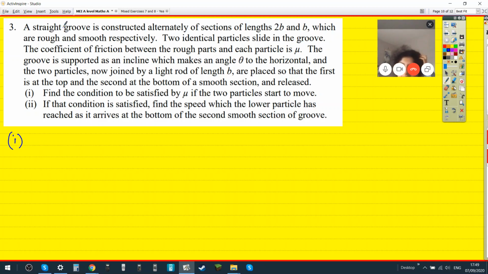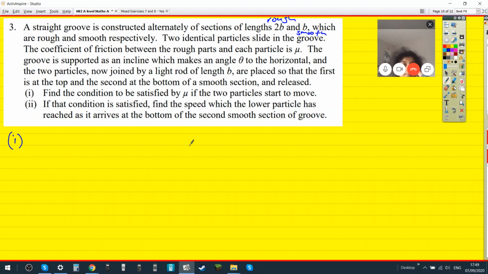Okay. A straight groove. It's connected alternately of sections of length 2b and b. So this one is rough, this one is smooth. So it's like b, 2b, b, 2b, something like that.